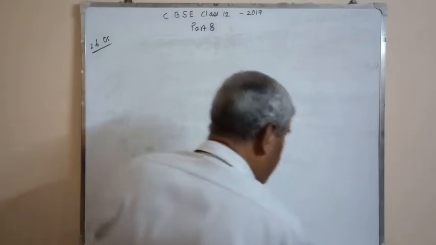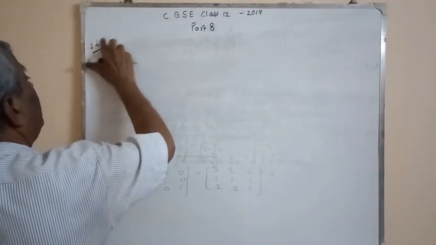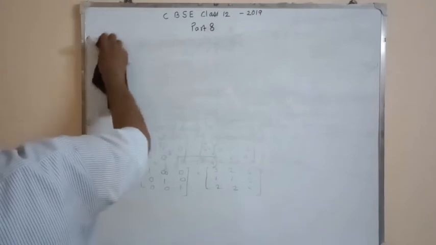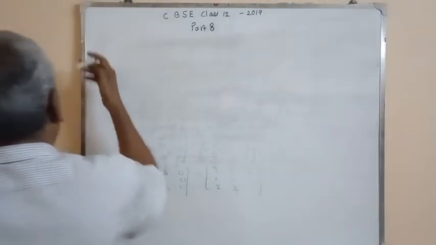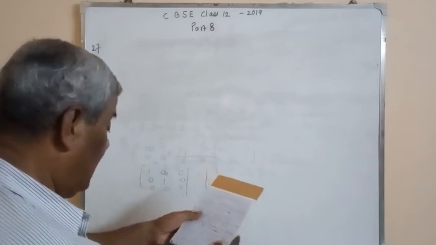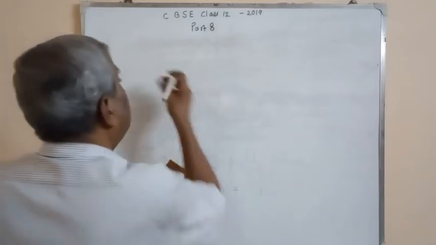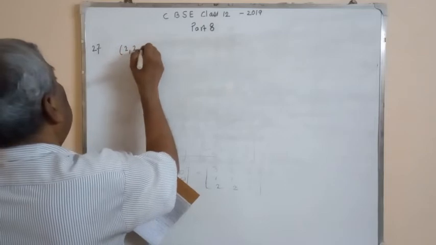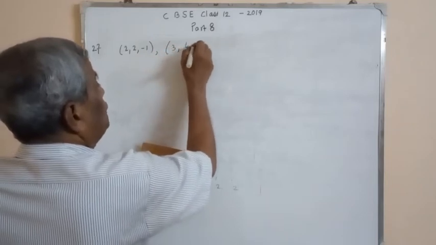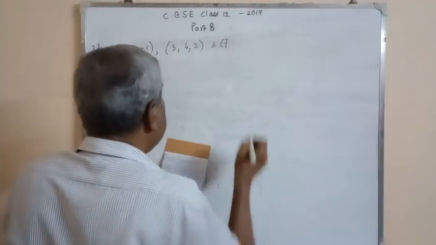So next problem is problem number 27. The problem is: find the vector and Cartesian equation of the plane passing through the points (2, 2, -1), (3, 4, 2) and (7, 0, 6).